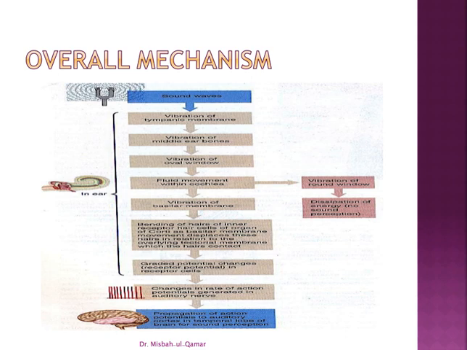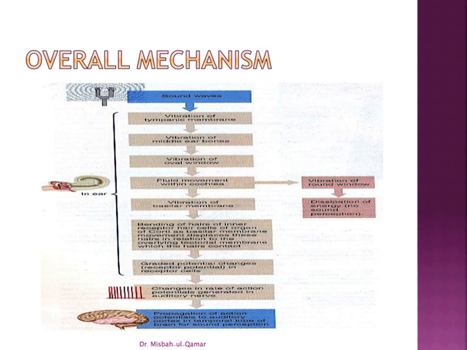Here you can go through the entire process of the overall mechanism for the generation of the nerve signals and how they are propagated to the CNS. You see that the sound waves cause the vibration of the tympanic membrane. Then there is conduction of this vibration through the middle ear bones to the oval window.